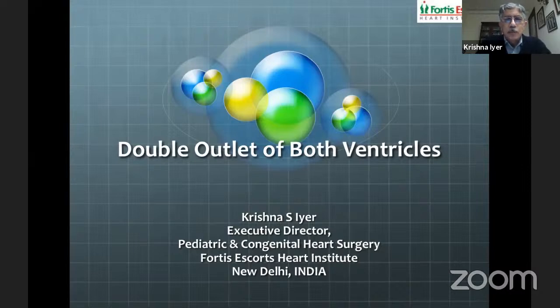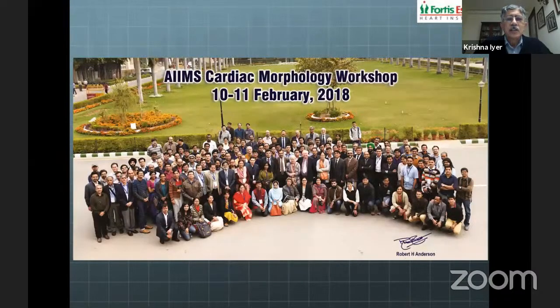The story of double outlet of both ventricles has a bit of an origin from a cardiac morphology workshop that took place in 2018 at the All India Institute of Medical Sciences in Delhi.